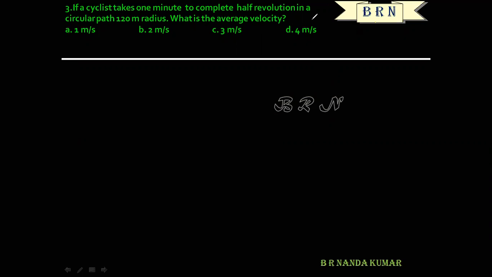Okay, the cyclist takes 1 minute to complete one revolution in a circular path. So here the radius is 120 meter.